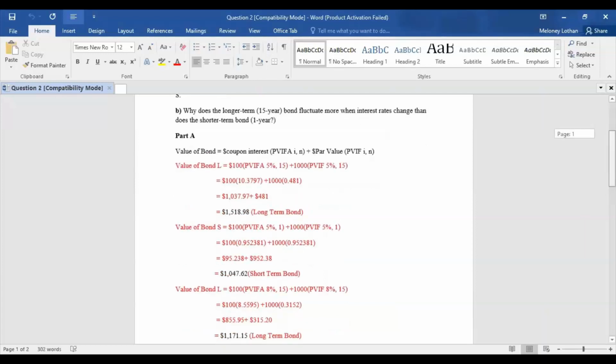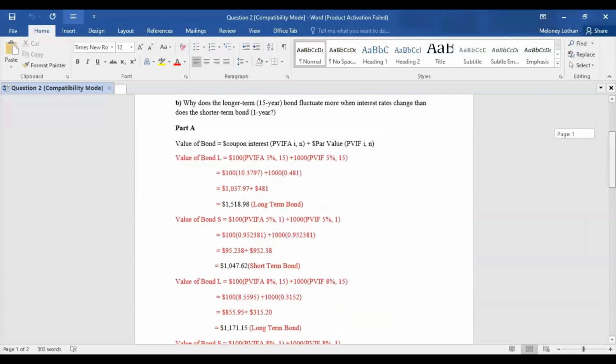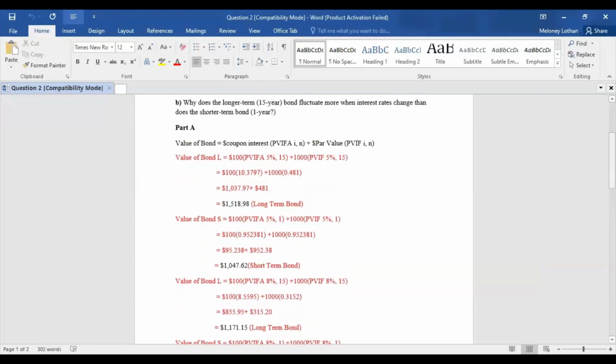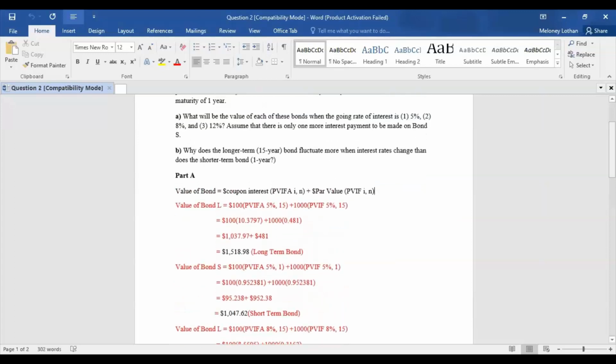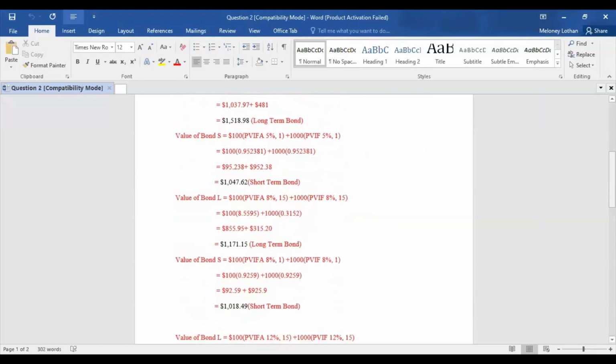Next, now we have the section bond L at 8% at 15 years. So what we're doing is, for each percentage given, plugging it where necessary and finding the value on the table. So here we have the 8%. We use the 8% at 15 years on the table to give us the present value interest factor annuity value and the present value interest factor.